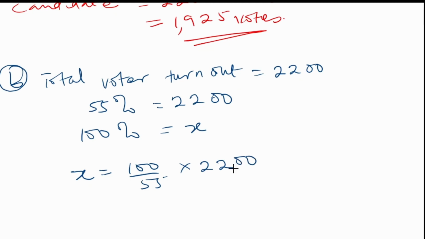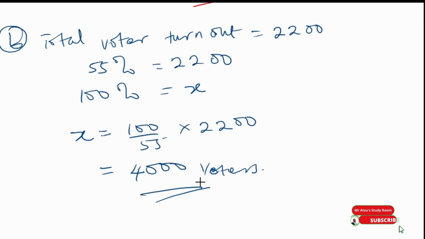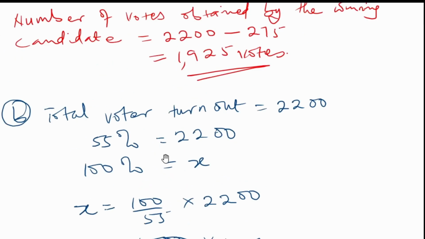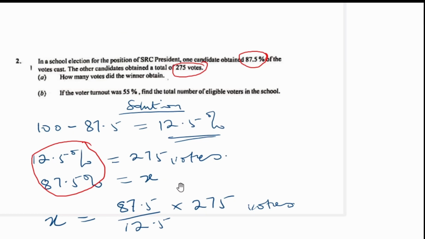Using our calculator, we are going to have 4,000 total number of eligible voters. So it means that the total number of voters who registered or qualified to vote in the school is 4,000.